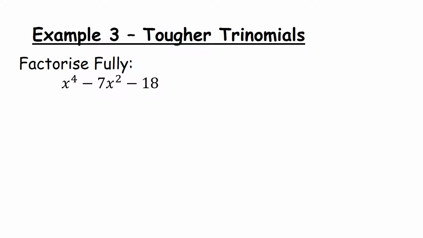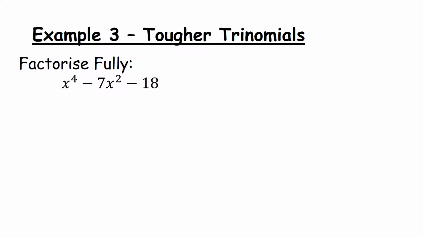So here we have an x to the power of 4, an x squared, and a number. So there's definitely nothing common to all of these. There's only 3 terms, so we can't do grouping. It looks kind of like a quadratic. However, we have an x to the power of 4, and we've always said quadratics are x squared. So let's park that one for a second.